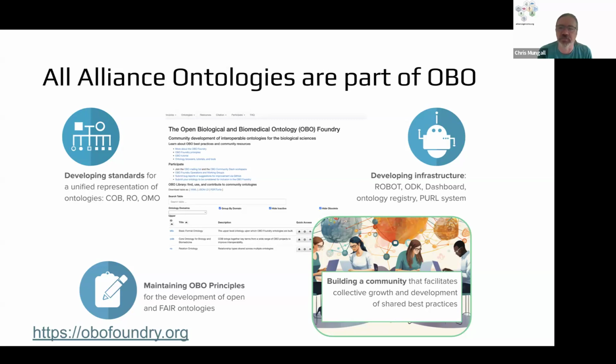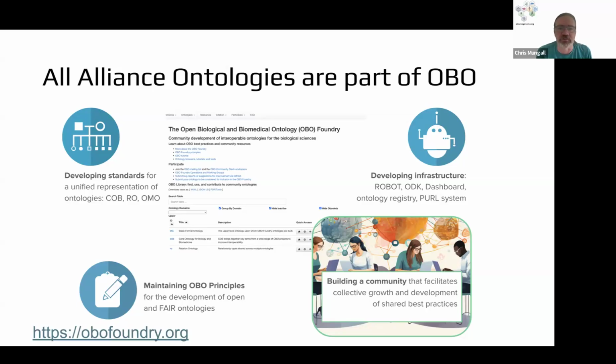So this includes tools like the Ontology Development Kit, which is now the de facto standard way of both getting started with building your ontology and also integrating it into a broader ecosystem and bringing in QA and QC mechanisms that can be automatically integrated with GitHub and so on.